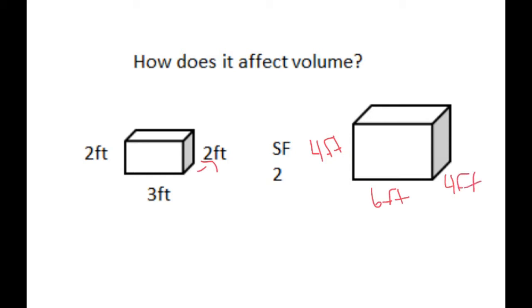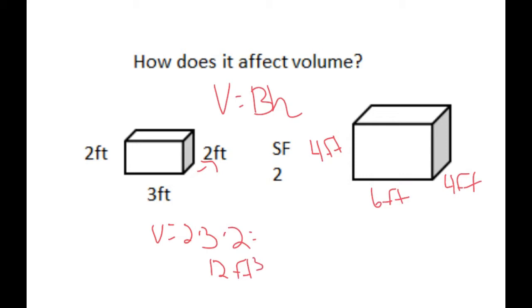So, volume of a rectangular prism, if you remember, is the area of the base times the third dimension. The area of the base of a rectangular prism is the area of the rectangle, so we're going to multiply 2 times 3, there's my area of the base, times 2, which is my third dimension, or my thickness, to get a volume of 12 feet cubed.